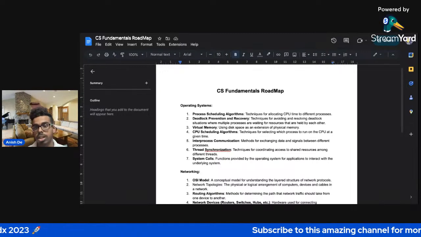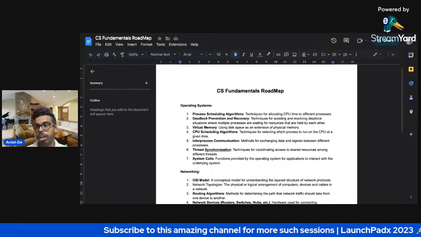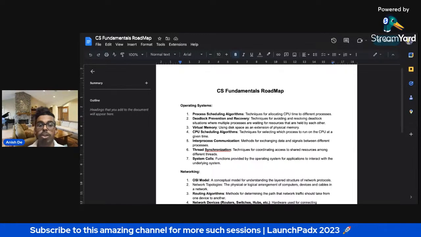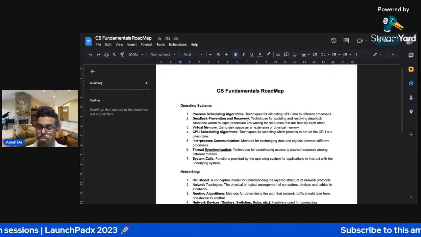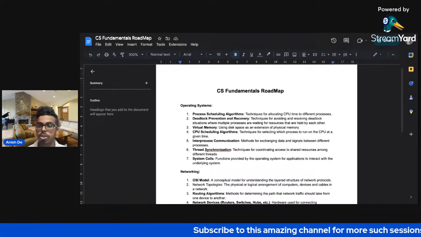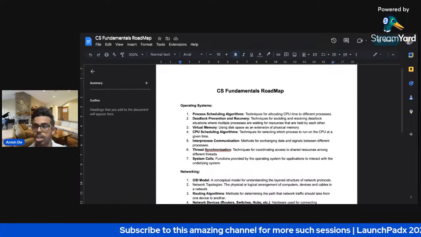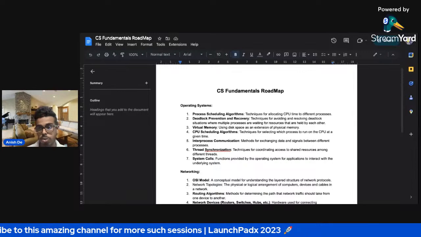The next topic is deadlock prevention and recovery. Deadlock is a very important and famous topic in operating system: what deadlock is, why it occurs, and how you can prevent it. These are three very important and famous interview questions, and many times you will be asked them directly. There are four conditions why deadlock occurs.